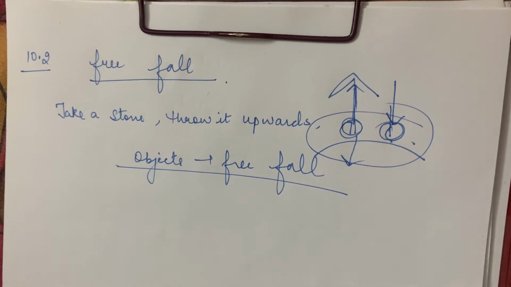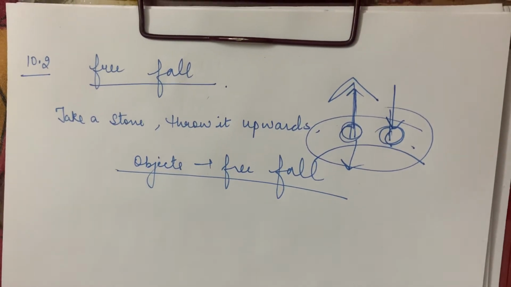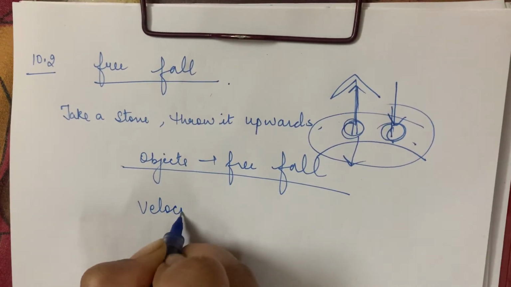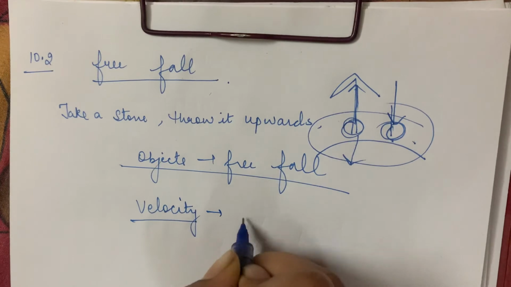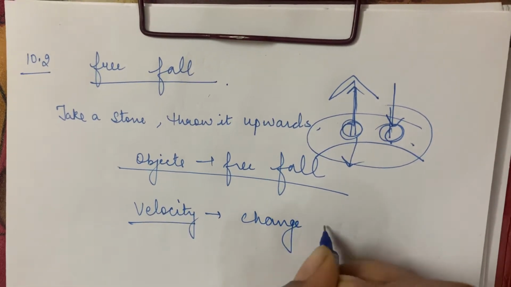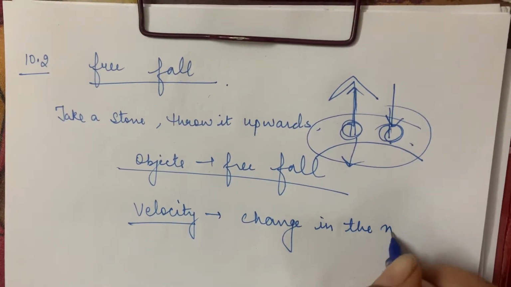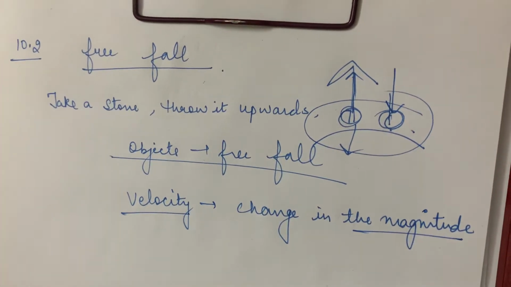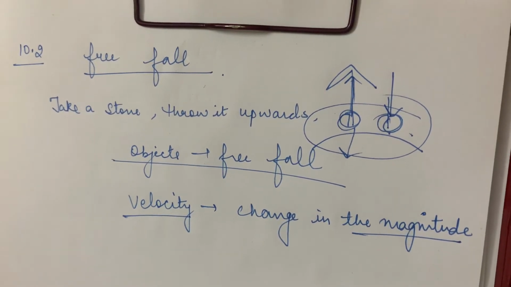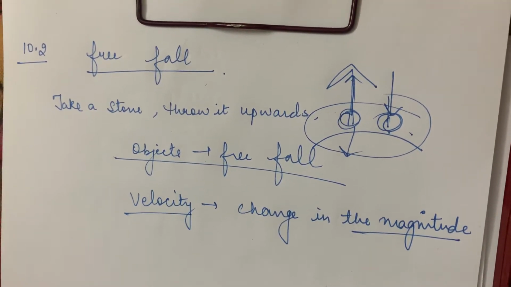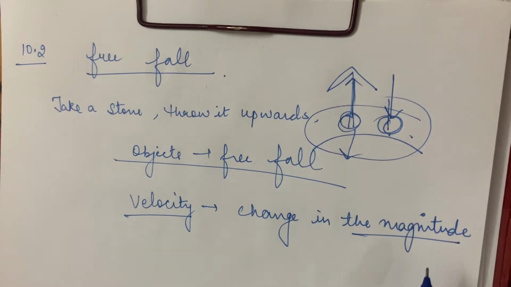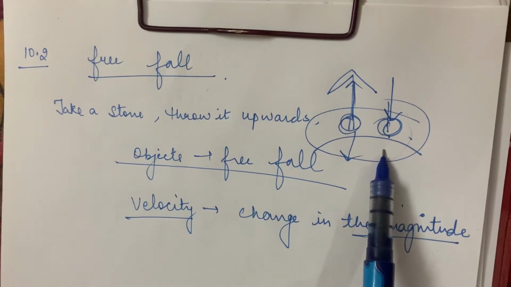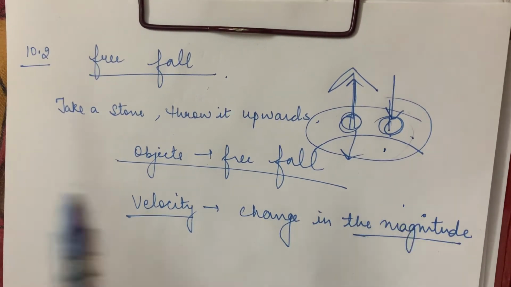When we talk about gravitational force only, we say that the objects are in a state of free fall. In case of free fall, there is no change in the direction of motion, but there will be change in the magnitude of velocity. Whenever an object falls towards the earth, there is some acceleration, and that acceleration is due to the earth's gravitational force.